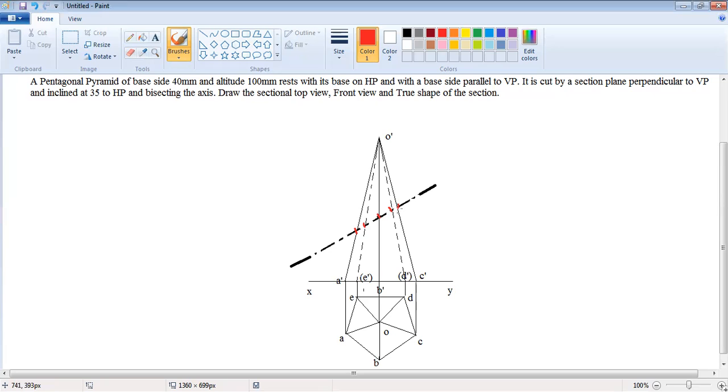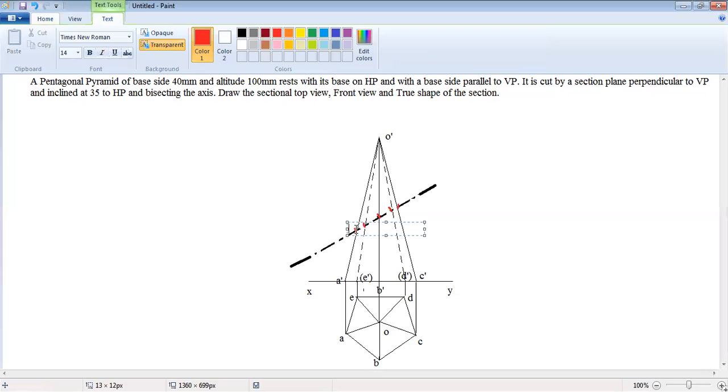It is cutting through all the edges, so we get 5 cutting points, on the edges OA, OB, OC, OD, OE. We mark them as P, Q, R, S, T, or 1, 2, 3, whatever it may be. Here I am marking them as P, Q, R, S, T.